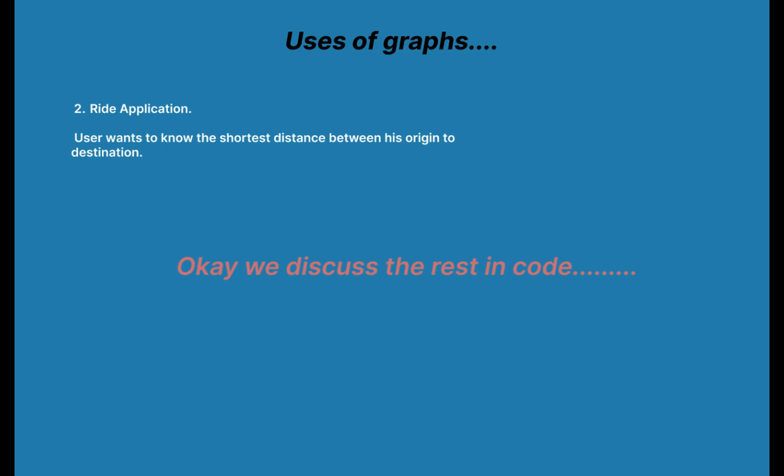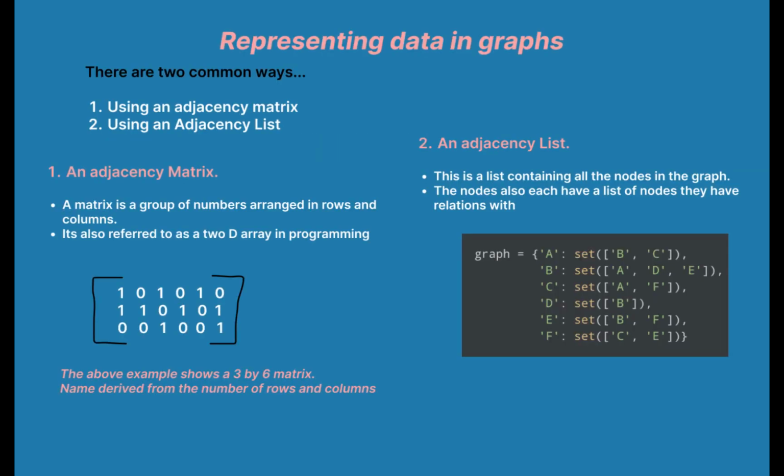How are we going to group these cities together so that we can calculate the distances between one city and the other? There are two common ways of representing data in a graph. The first is an adjacency matrix, and the second is an adjacency list.